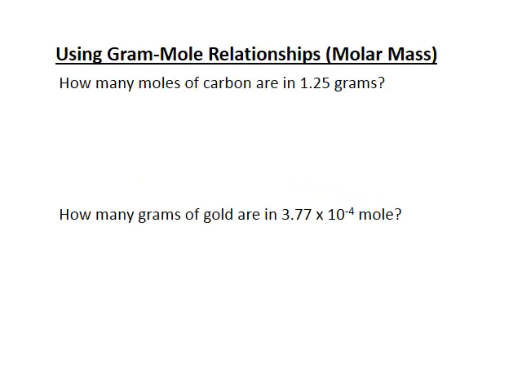So this is from our previous consideration of gram-mole conversions. Just to summarize again, if I have grams of carbon, and it looks like I've typed in something that looks different than the 1.25 grams, so I don't know if that's supposed to be 1.25, and I've got 1.85 there, but nonetheless, if I have grams of a substance, then in order to get to moles, I divide by the grams per mole.